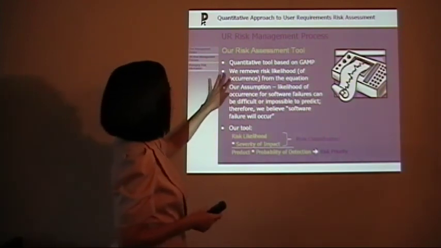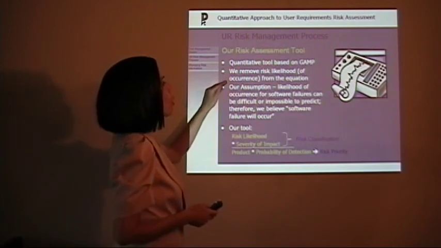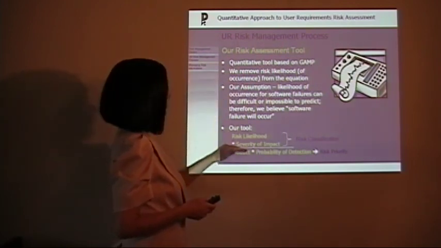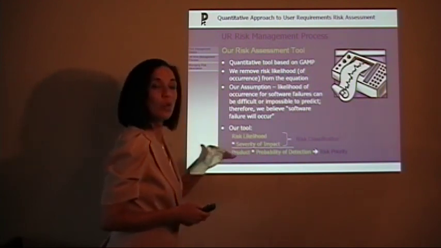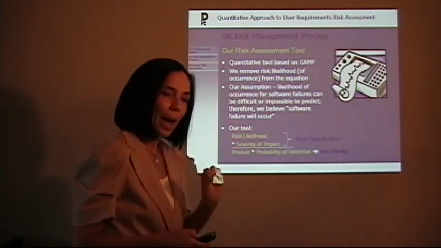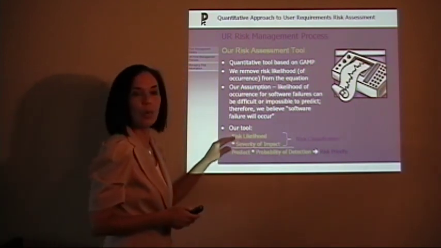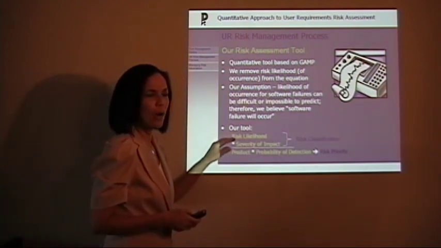But the only thing that we do is that we remove risk likelihood from our assumptions. Why? Because we are saying, with respect to software development, that the risk likelihood is always there. With software, the risk likelihood is always there.